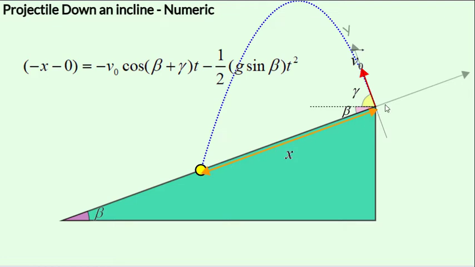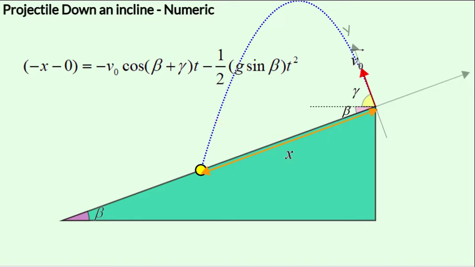The initial velocity is minus v0 cos of beta plus gamma, and this too is negative since it is along the negative direction of the x-axis. The acceleration is minus g sine beta, and that too points in the negative direction of the x-axis.